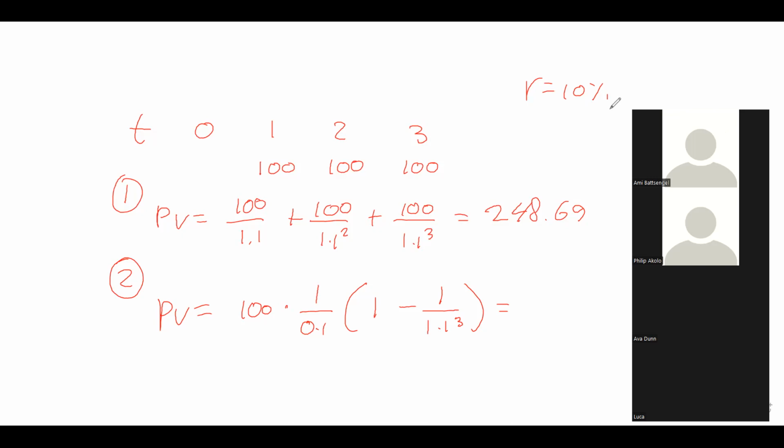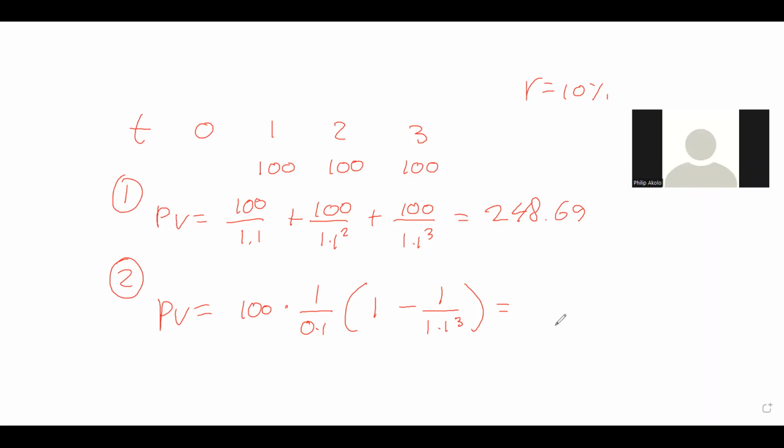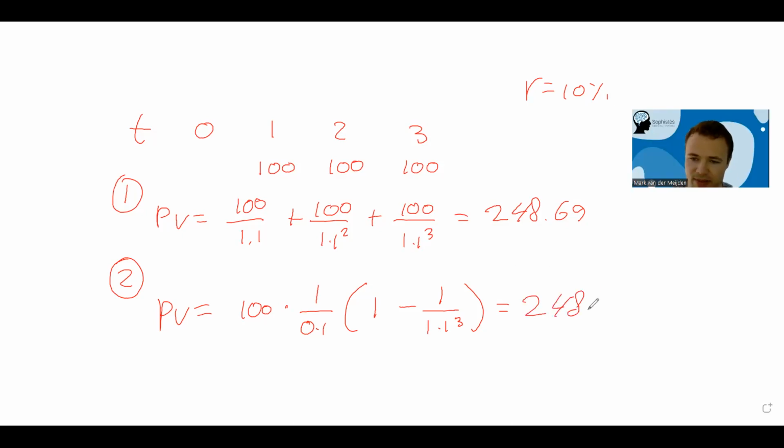Okay. So what do you guys get here? The same answer as the first one. Exactly. So this formula here below is just a quick way of writing down this whole series. So they're literally the same.